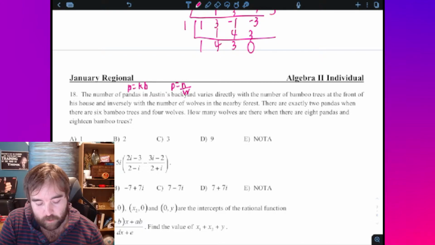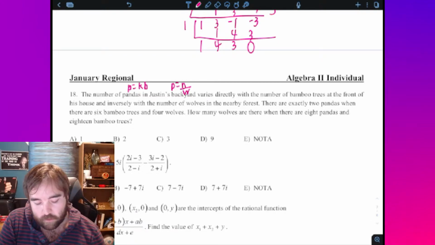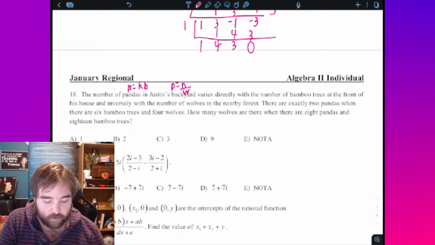Because then if P is 1, W is N, and if P is 2, W is going to have to be 1/2. Okay. So that's true.